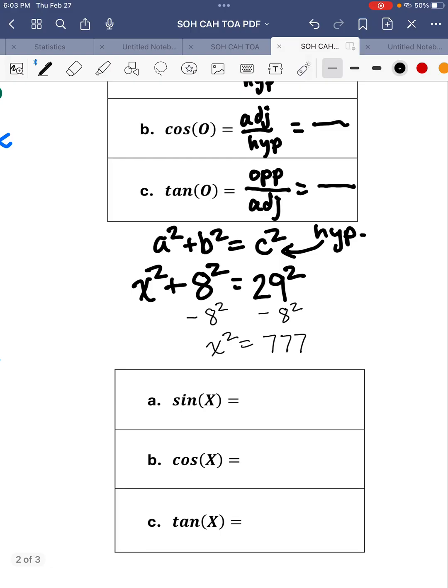Where I got the 777, that's just in my calculator, literally just type in 29 squared minus 8 squared, and it will give you 777. Okay, last step, to fully isolate the x, I need to take the square root. So x is going to be equal to the square root of 777.